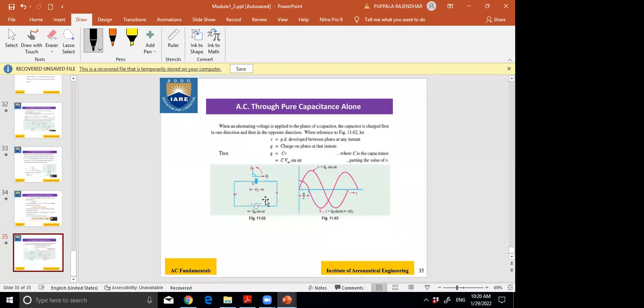I will show the derivations here. Again, from the basic concept of the capacitor we discussed, I is equal to C into dV by dt.